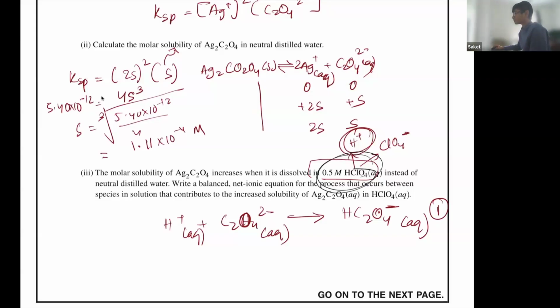Yeah, it is soluble. So it's a spectator. So then HC2O4 minus, is that not soluble? It is not fully soluble. This is not a strong acid. Oh, okay, that makes sense. Any other question?